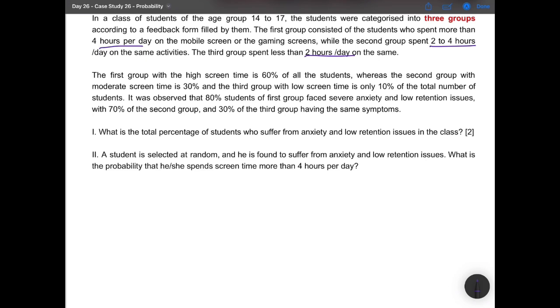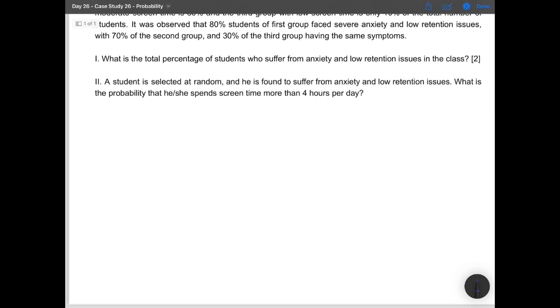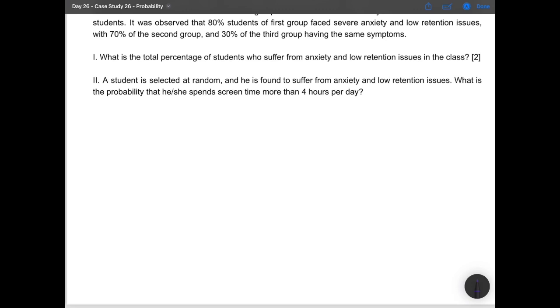It was observed that 80% of the first group faced severe anxiety and low retention issues, 70% of the second group, and 30% of the third group having the same symptoms. So let's make a note of what the question has given to us.